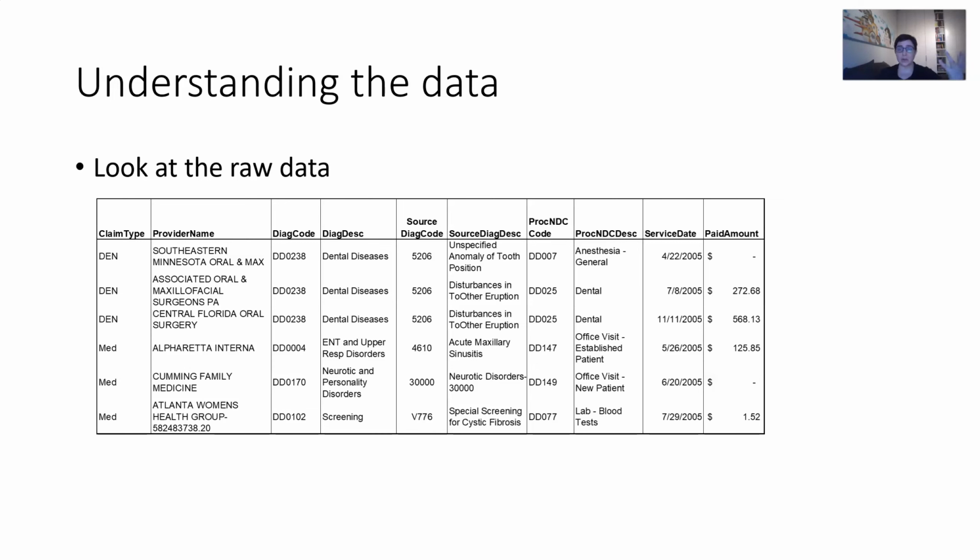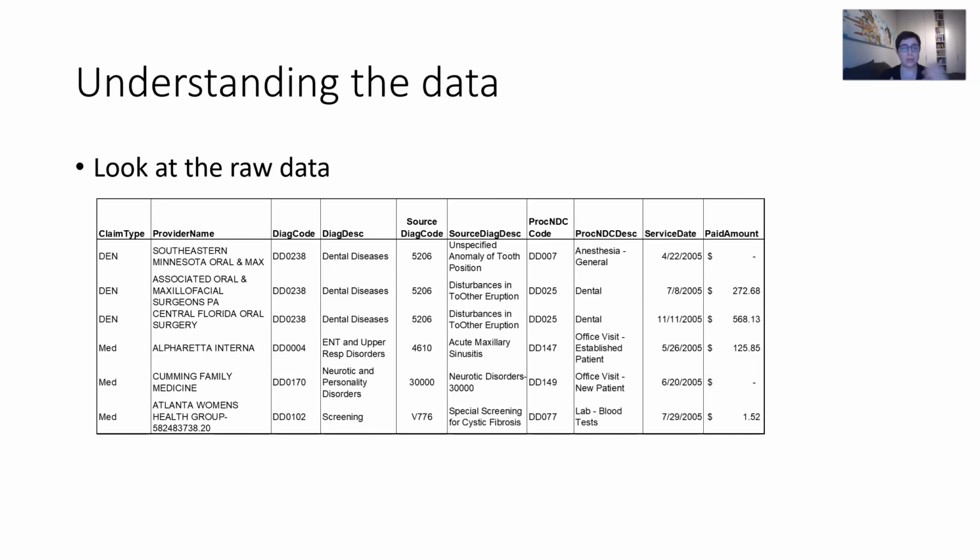Whether it's diagnosis or procedures or drugs, everything has a code. So the first thing to think about when you get your hands on interesting healthcare data is to try to translate those codes into English so that we can have a meaningful conversation about the data.